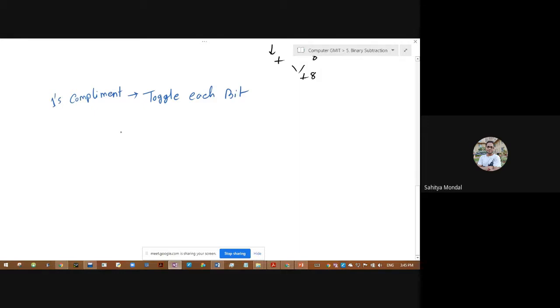The value will change from 0 to 1 and 1 to 0. So if it's 8, 8 means 1 0 0 0. If you take the ones complement of 8, all zeros become ones and ones become zeros. That is called toggling. So the ones complement of 8 will be 0 1 1 1.